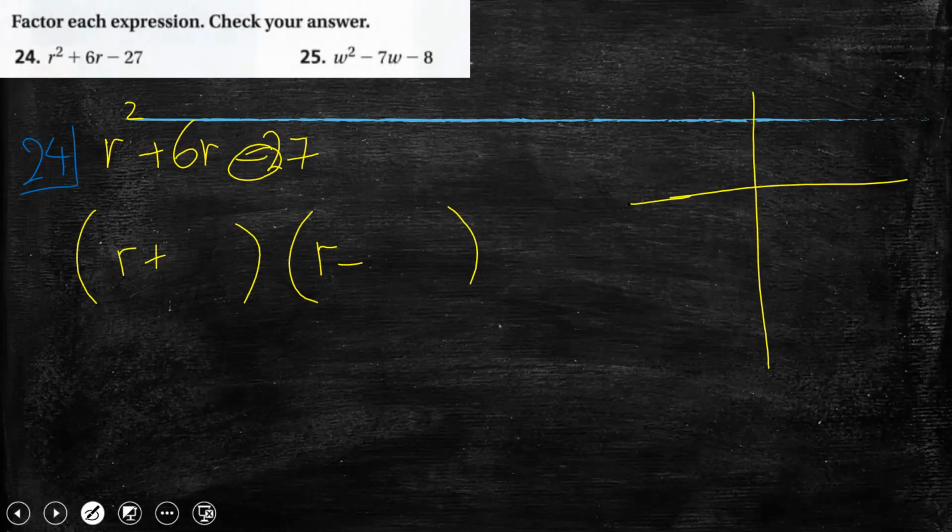Then I will make a table. In this table I will write the factors of negative 27 and the summation of the factors.